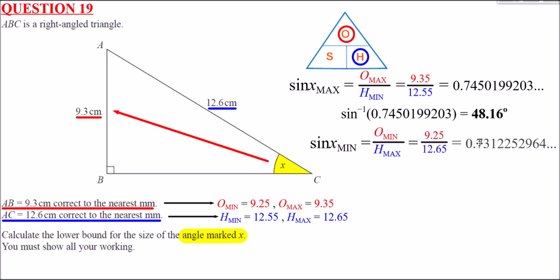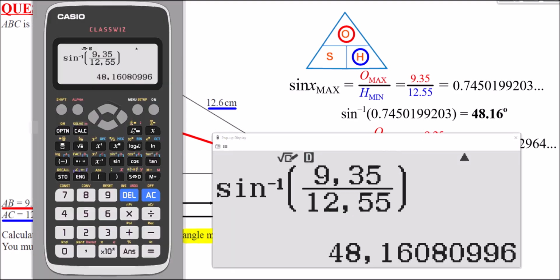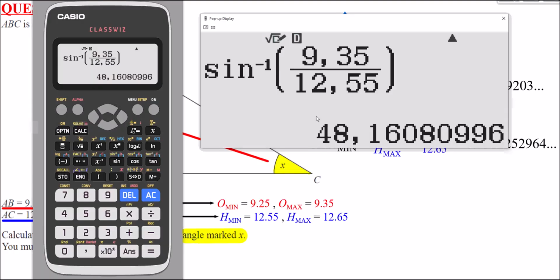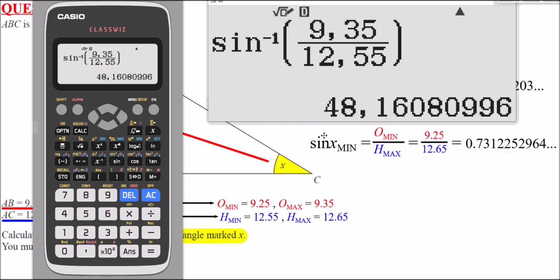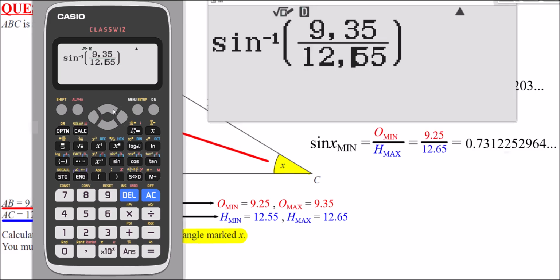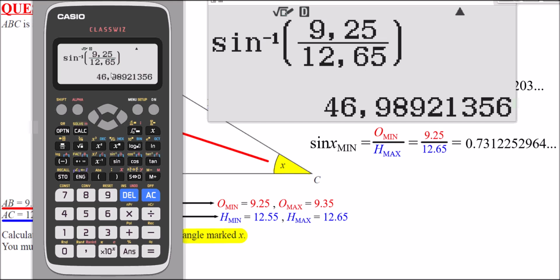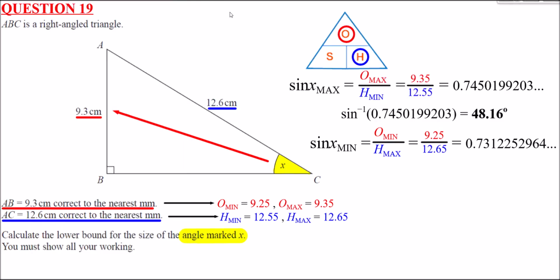There's a decimal if you want to. You could write it like this. So if I now do sine minus 1 of that to find out what the angle is when sine is minimized, if I could just toggle back and change this to a 6.5, and that becomes 2.5, I get here 46.989, and so on and so on.